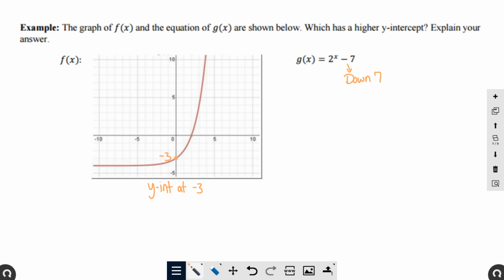And then it would be 1 above that because of this number here. We have an imaginary 1. So then it would be up 1 from that line. So if we go down to negative 7 and then we go up 1, where are we at? Negative 6. So this one has a y-intercept at negative 6.